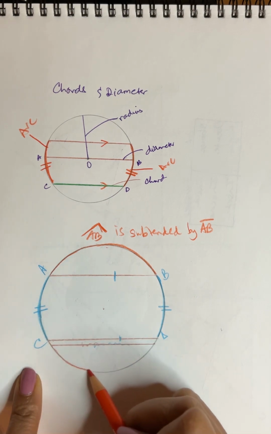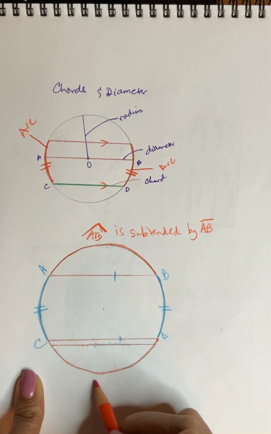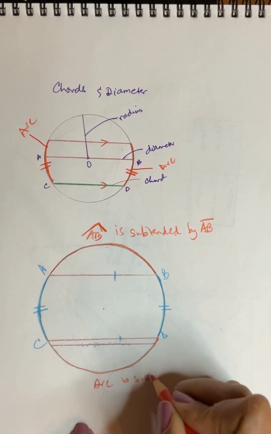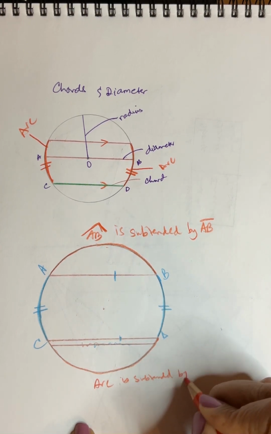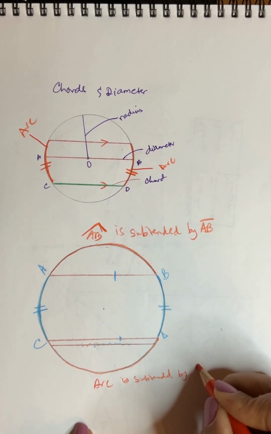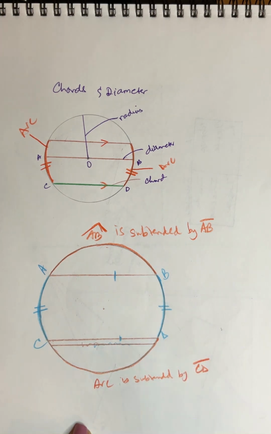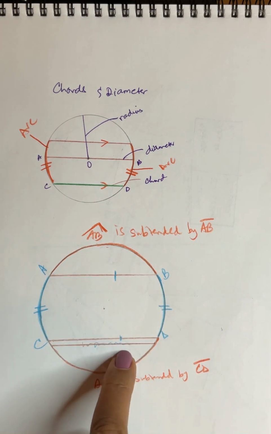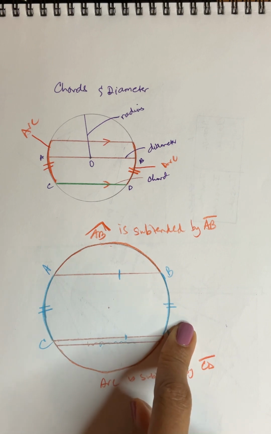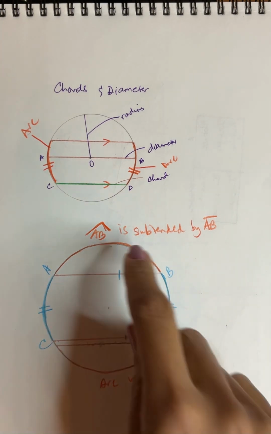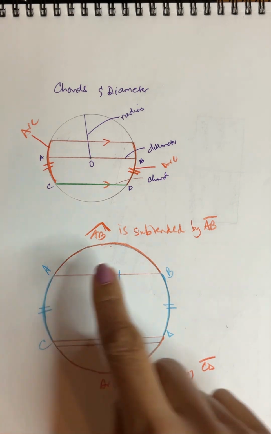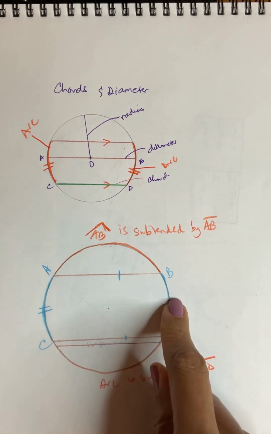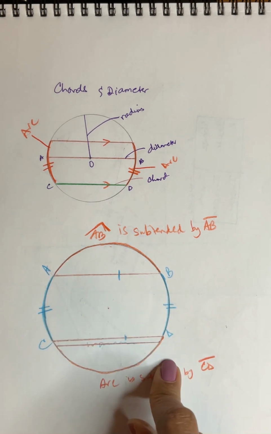Arc CD is subtended by segment CD. So once again, congruent chords have congruent arcs, and congruent arcs have congruent chords, and the arcs are subtended by the chords, which is segment AB here, or segment CD, vice versa.